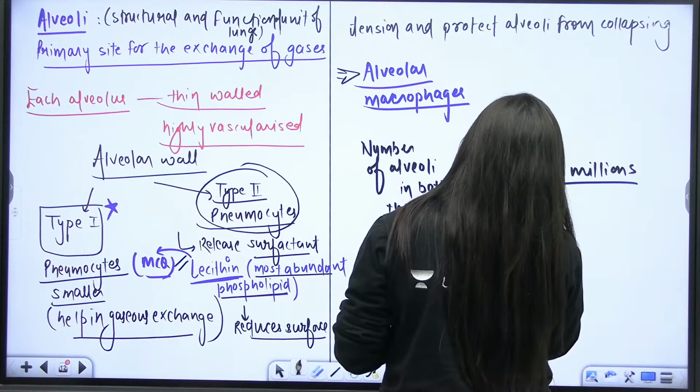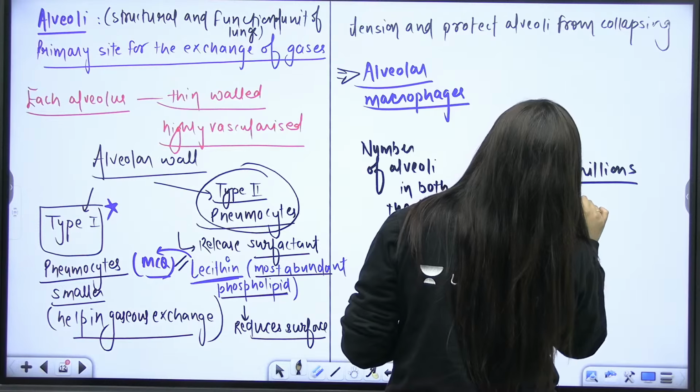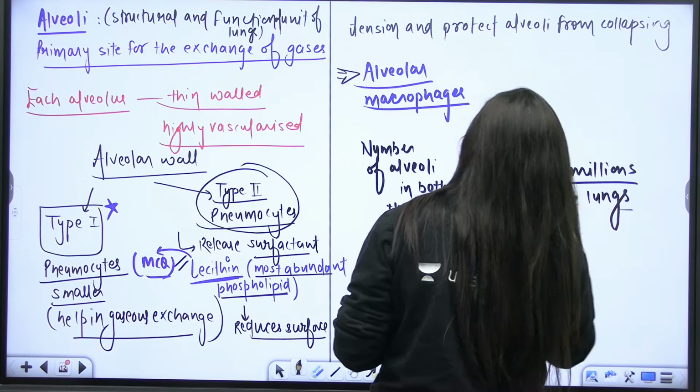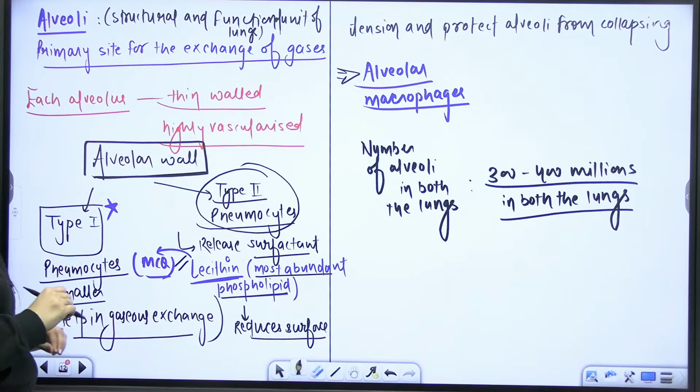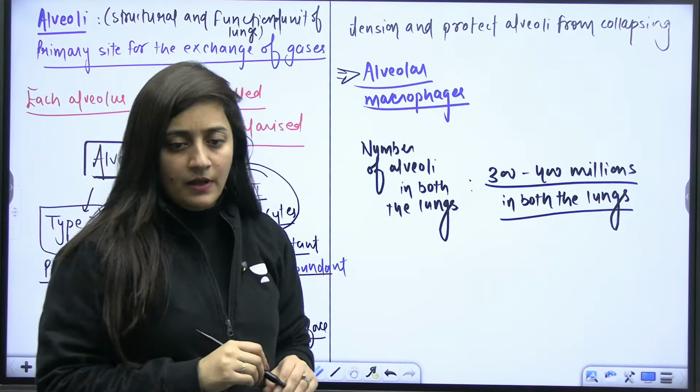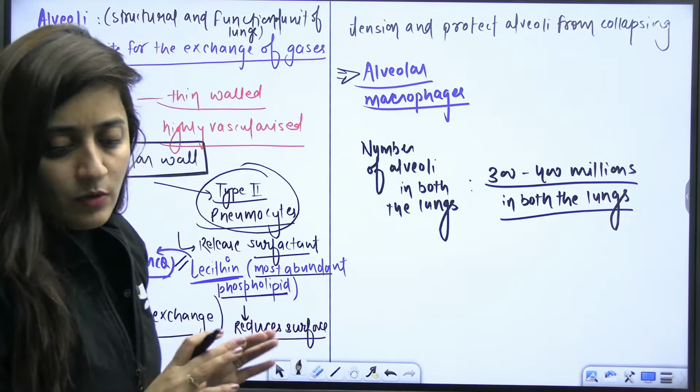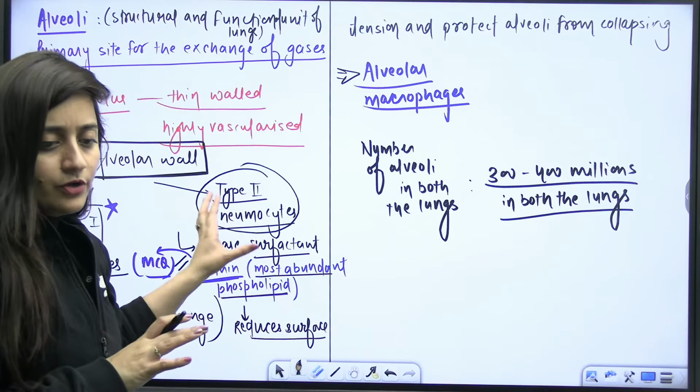It's not in one lung, but in both the lungs. This is the number that you are going to see. This is about your alveoli.